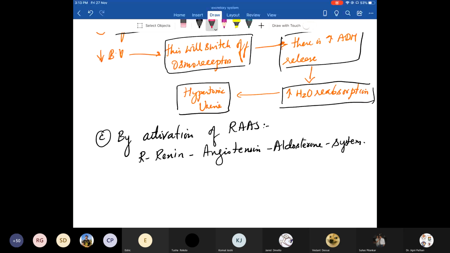The structure that is used here is the juxtaglomerular apparatus, the JGA structure. I'll let you know what it is.